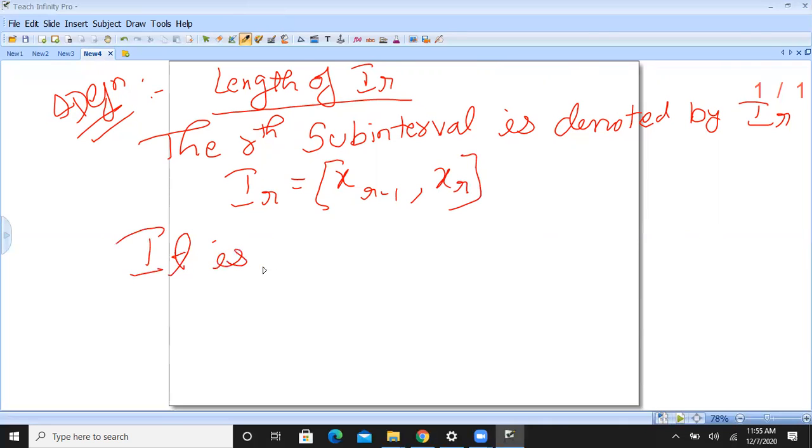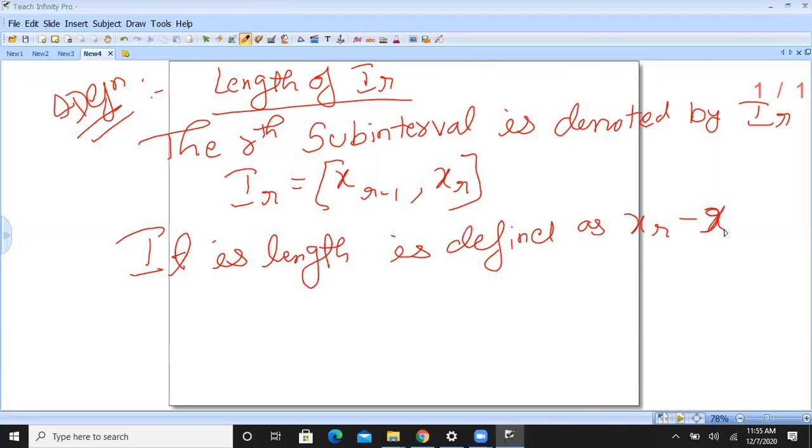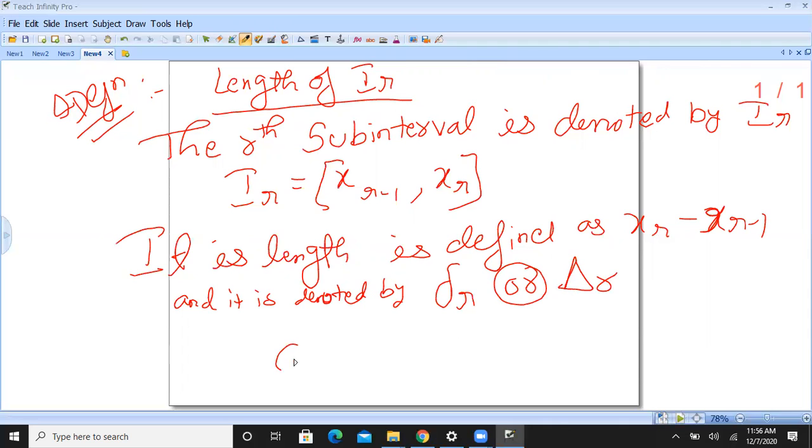Its length is defined as x_r minus x_{r-1}, and it is denoted by delta r. Therefore delta r is equal to x_r minus x_{r-1}.